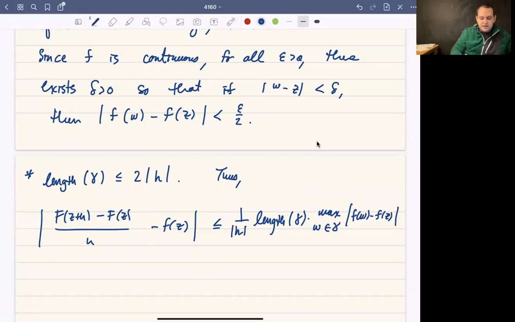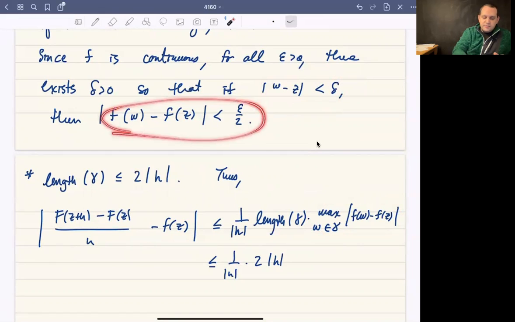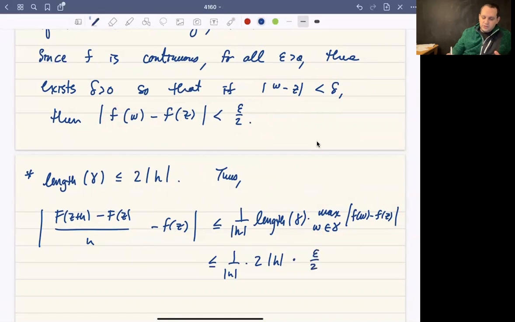The length of gamma is less than or equal to twice the modulus of h. And because of continuity, if we stay within delta units of z, then f of w minus f of z is less than epsilon over 2.